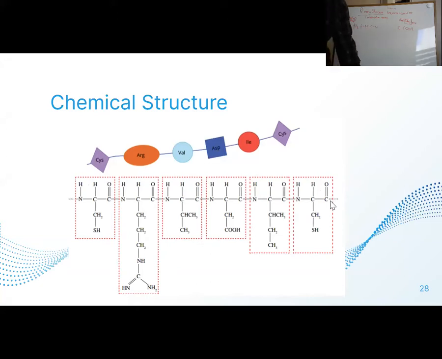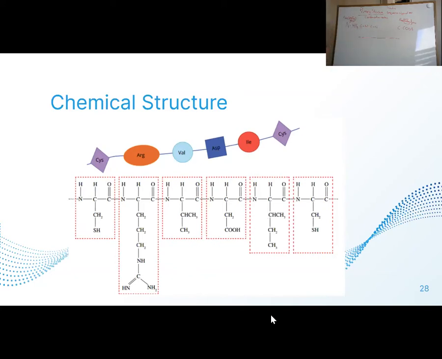You can see the differing R groups here. So cysteine, arginine, valine, asparagine, I can never remember that one, and cysteine here. So you can see they're all exactly the same except for these R groups. And that becomes really important when we're looking at protein folding. So this is the protein structure in a straight line.